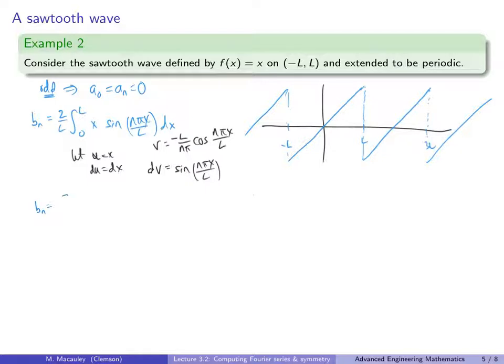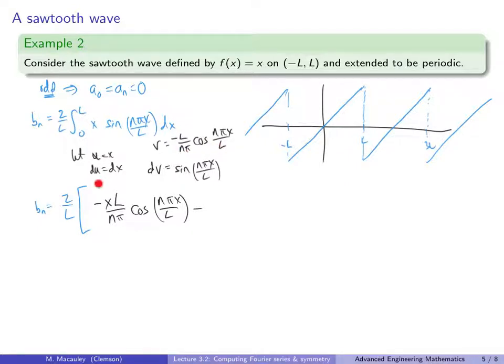Okay, so now this integral, let's write it as Bn is 2 over L. Now it's u times v, so u times v is x times negative L over n pi times cosine of n pi x over L. That's uv minus v du.